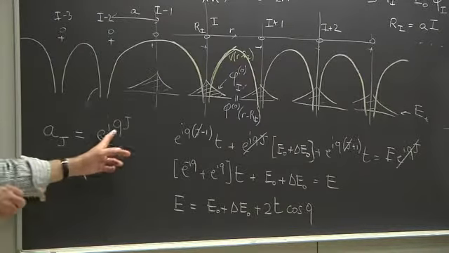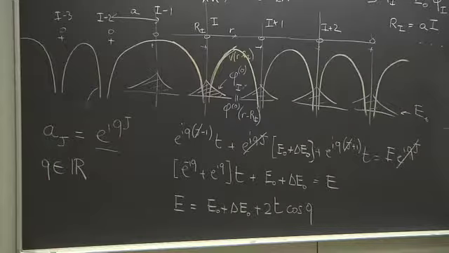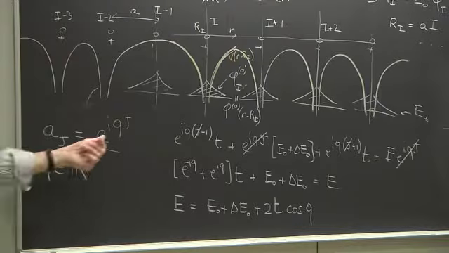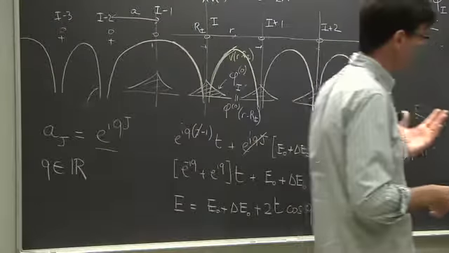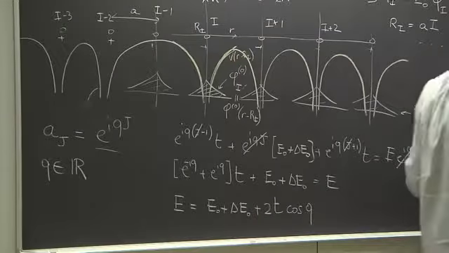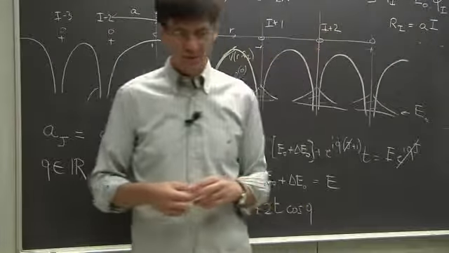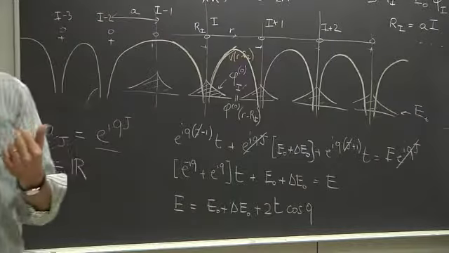Okay? So now I say Q labels different solutions, different or same solutions, but it labels solutions. If I choose a different Q, I will have another solution. Okay? So Q is an index that tells me which solutions I'm considering. Remember, last time we had plus and minus to distinguish solutions.